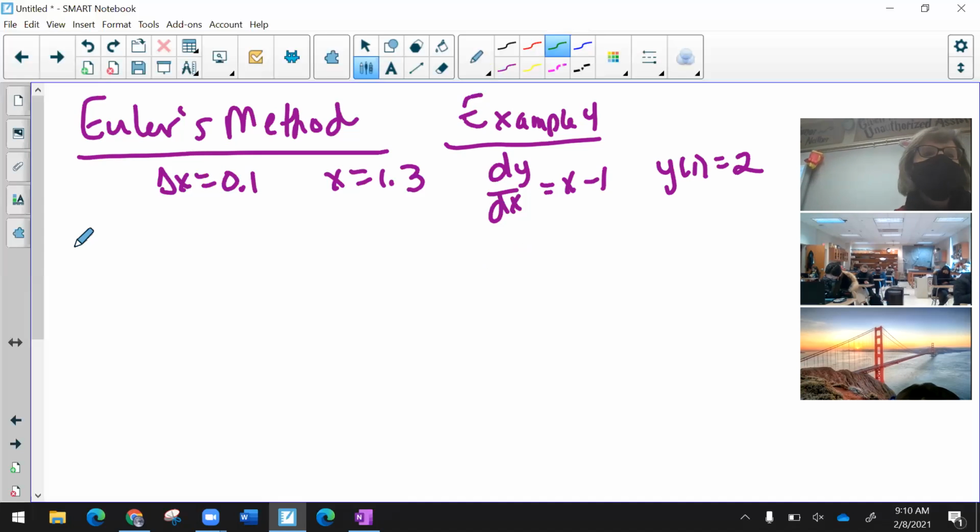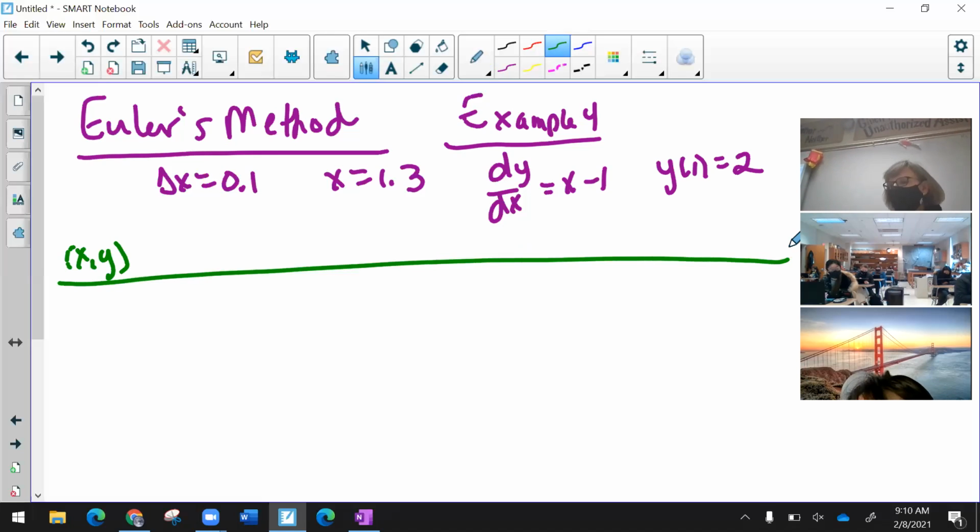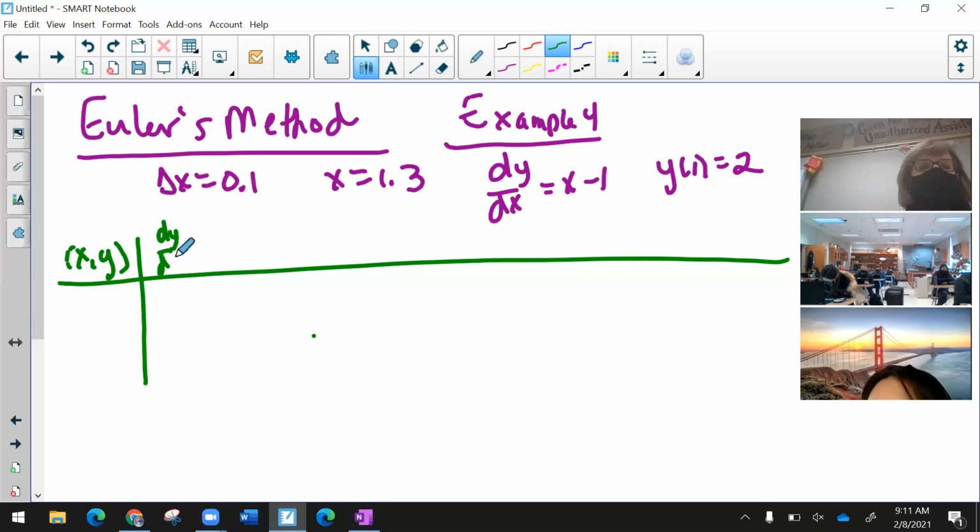The whole thing with Euler's method is we start with a particular value, with a particular point. And I'm going to figure out what the slope is at that point. I'm going to write down how far I'm going to move over in x.